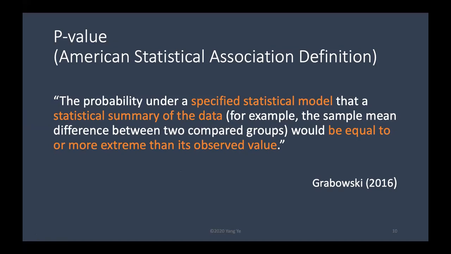This is a better way of saying data, because previously I was saying how likely it is to obtain data that's more extreme than we have observed. In this case, it is how likely it is that the statistical summary would be equal to or more extreme than its observed value. So that reduces the whole data into a statistical summary.